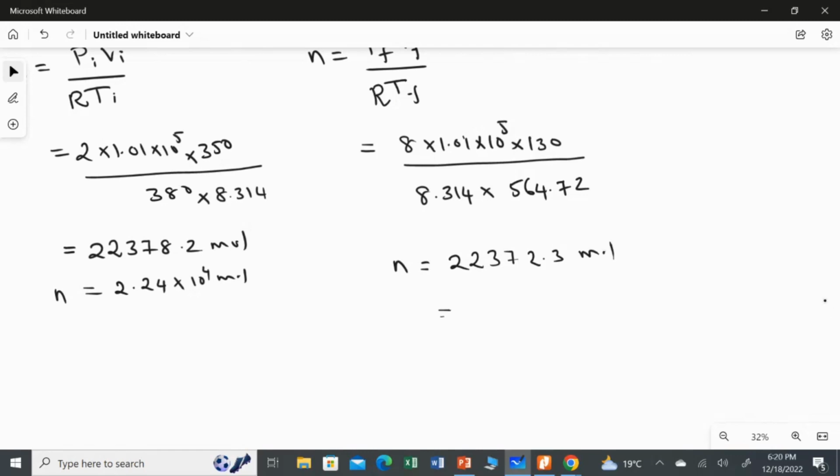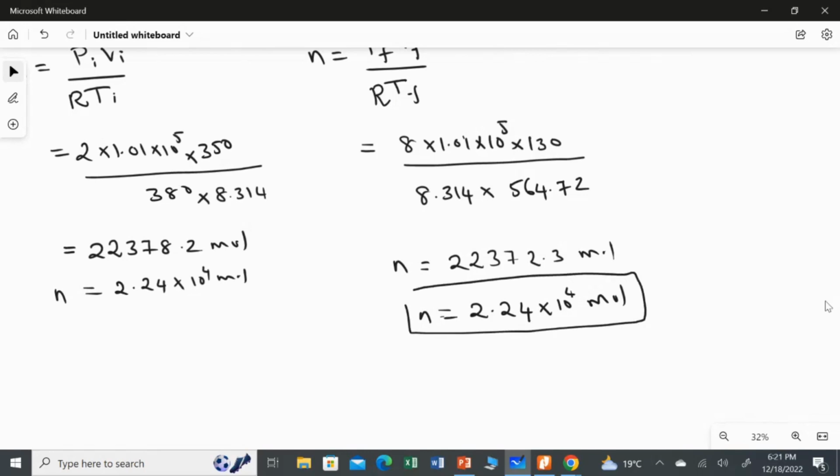If I write in terms of power, we get 2.24 times 10 to the power 4 mole. So that means either you can use the initial condition or final condition, you will get the same answer, right? So this is the answer. I just proved it for both the initial and the final. That means our answer is right.